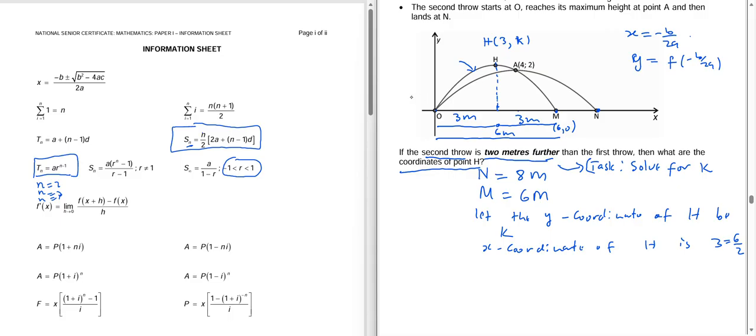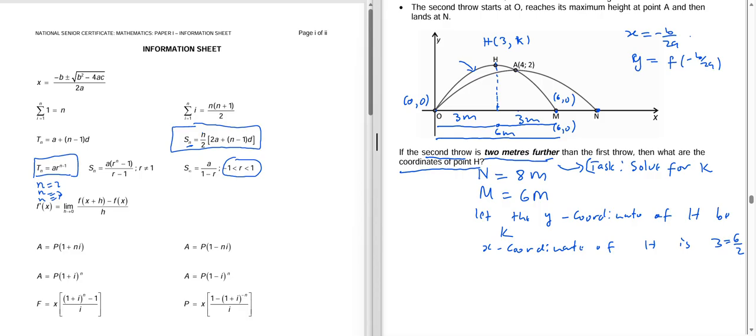We know that it has coordinates 0, 0. It has also coordinates 6, 0. And also it has coordinates 4, 2. Meaning we have 3 points at hand. And we need to make a choice with all those 3 points. Which ones are we going to use to create a function of that parabola?